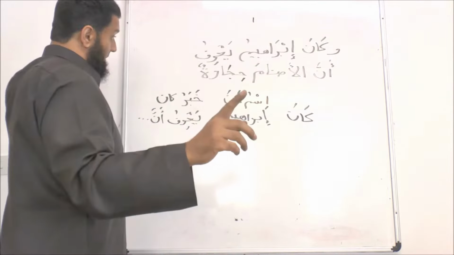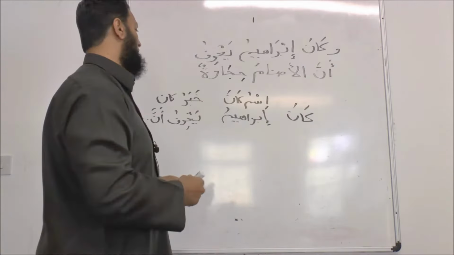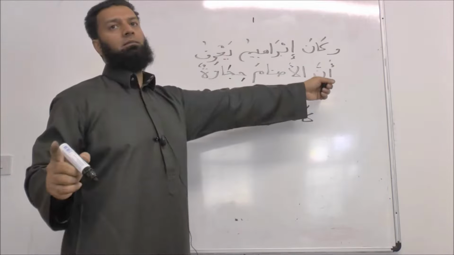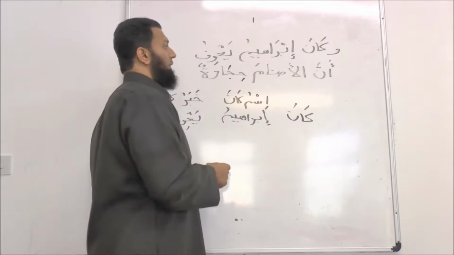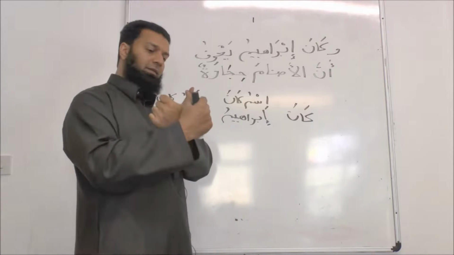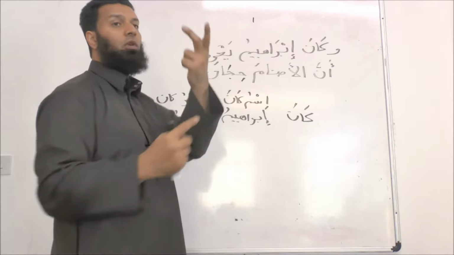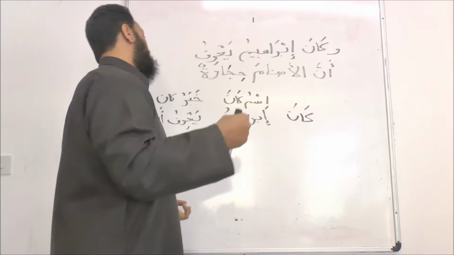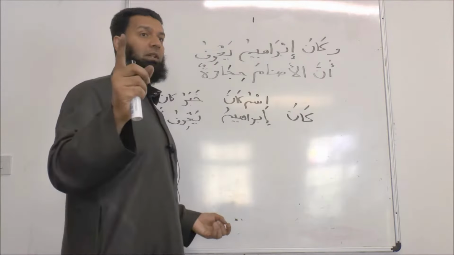Now, good. But we also need to explain this because we haven't done this for a while. Anna. Remember, anna. What type of word is anna? You've got a choice. Either it's fi'lun, ismun, or, there's only 3 types of words in Arabic: fi'lun, ismun, or harfun.